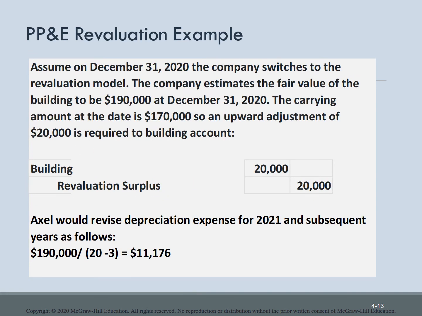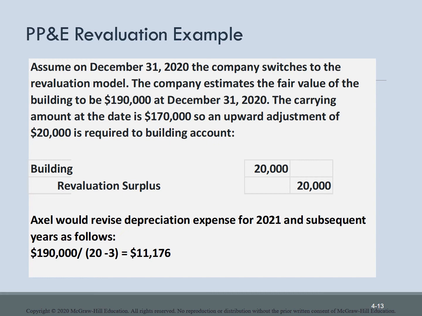All right, so on December 31, 2020, the company switches to the revaluation model, and they estimate that the fair value of the building at that date, December 31, 2020, is $190,000. So in other words, the fair value of the asset is $20,000 more than the carrying value, so we are going to make an upward adjustment of $20,000.